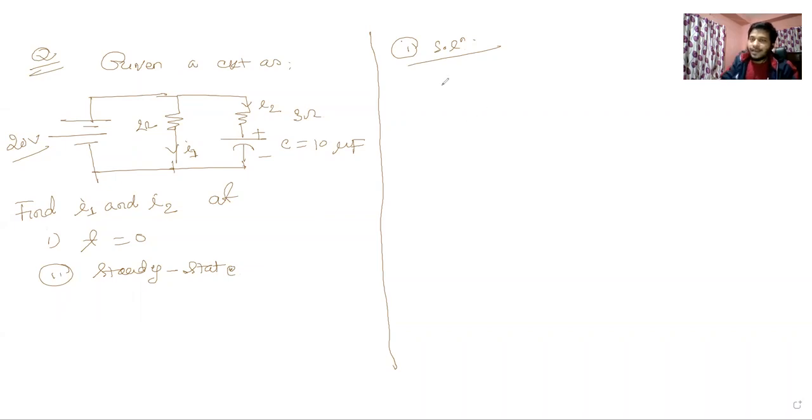At t equals 0, we know that here is a capacitor whose capacitance is 10 microfarad. At t equals 0, that means in the initial state, the capacitor acts as a short circuit, right? So we can redraw the circuit in this way.